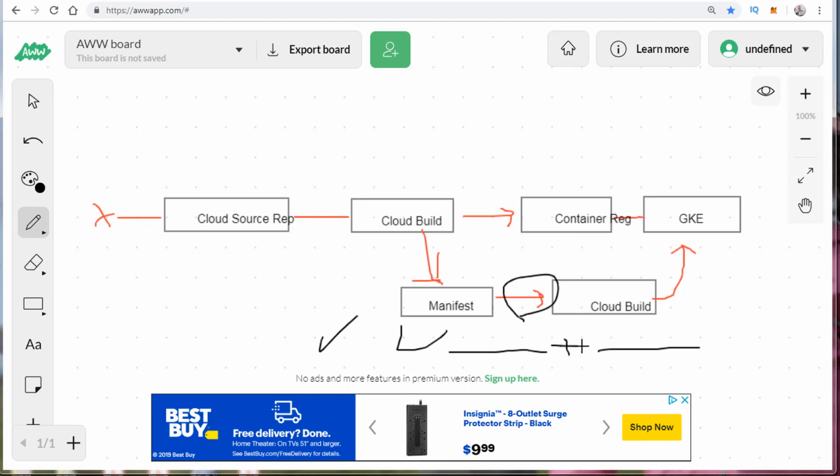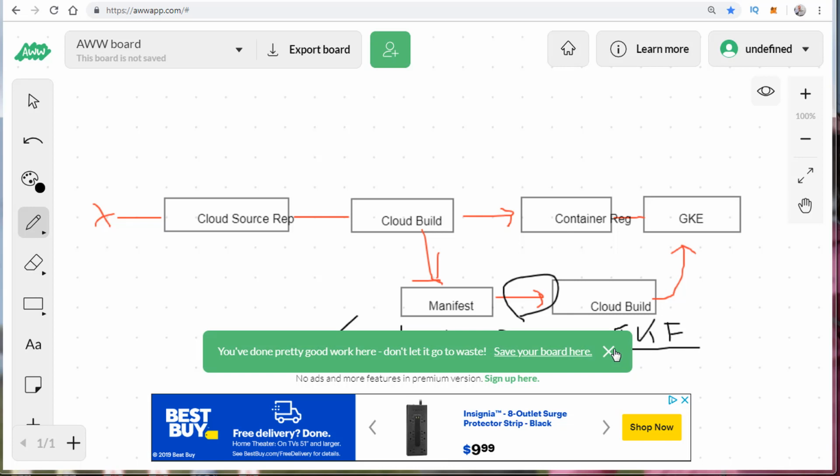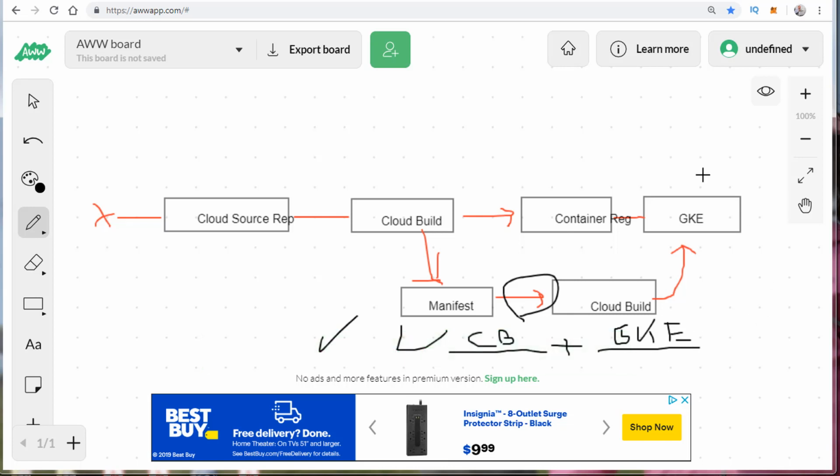So they'll ask what services do you recommend in what order? Well, you'd have to put Cloud Build in the answer on the test, and then GKE in this case. And again, it's fairly straightforward when you take the exam if you do understand each of these services and where they fit in a pipeline.